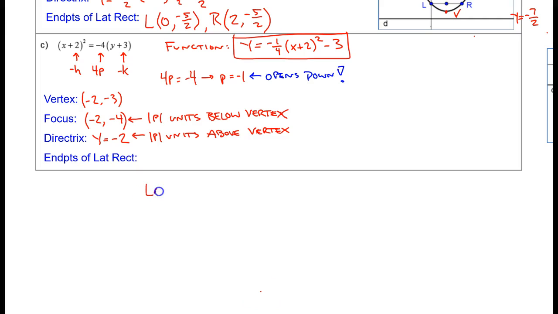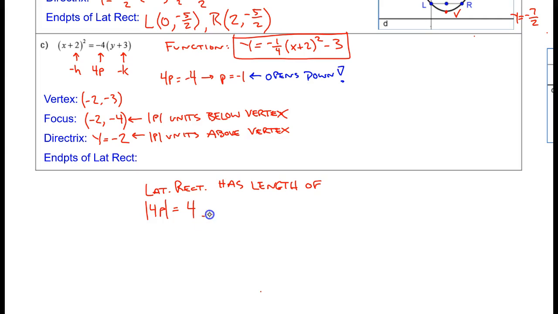So our latus rectum in this problem has a length of 4p units, which is the absolute value of 4p, which is 4.